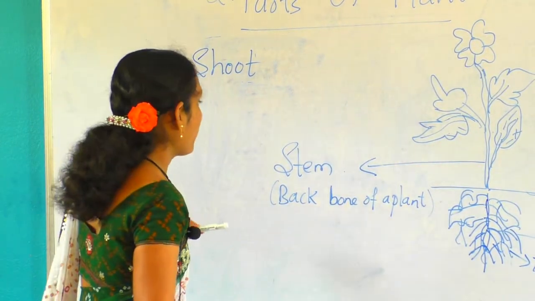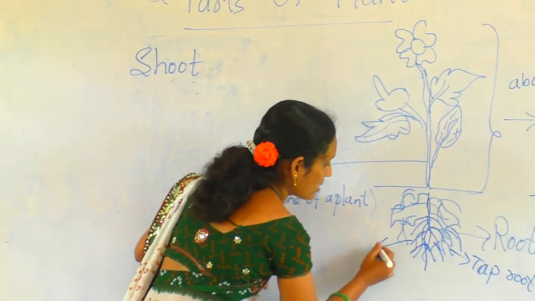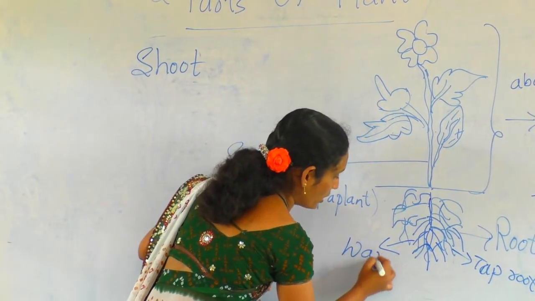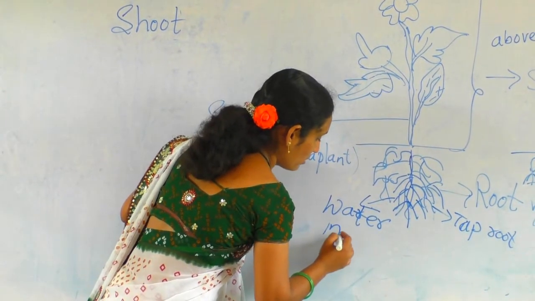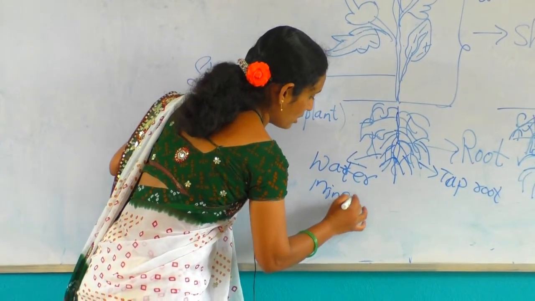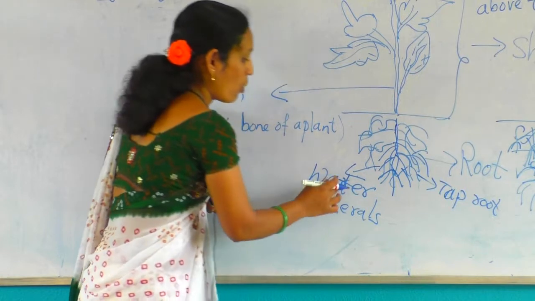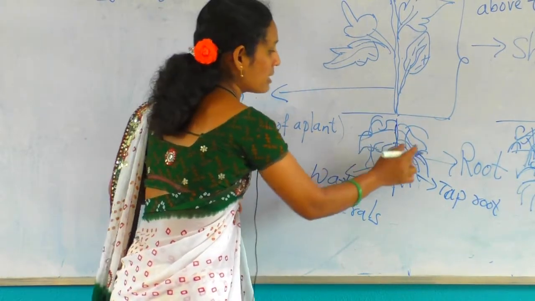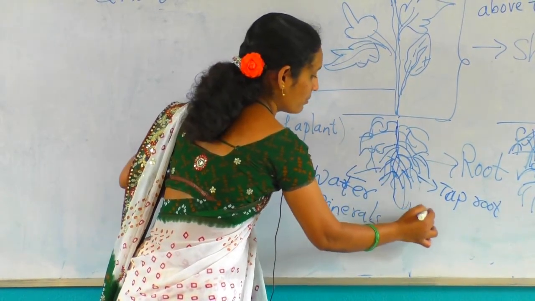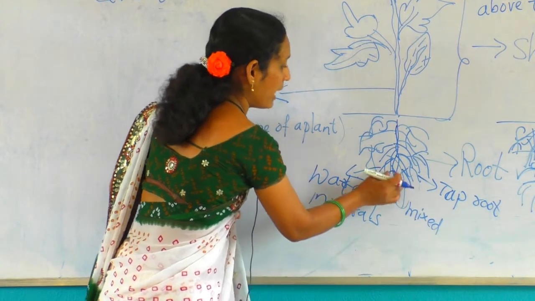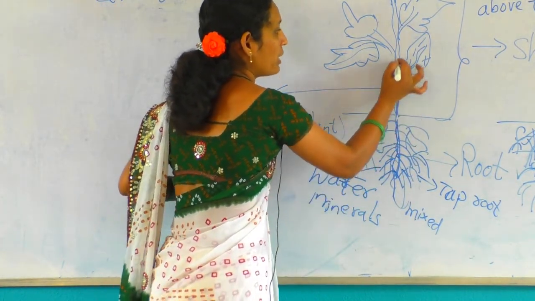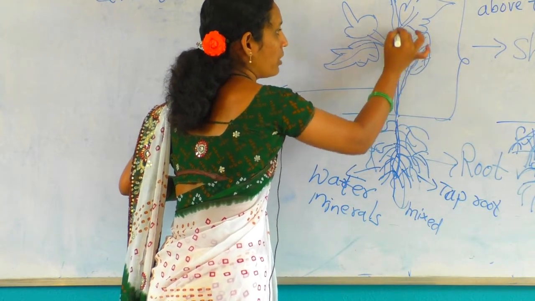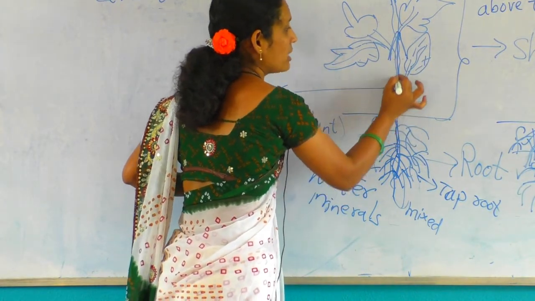Okay. See here, the root part has water and soil present in the form of minerals. The water and minerals mix here, and this water and minerals move in an upward direction like this, through the stem pipe.